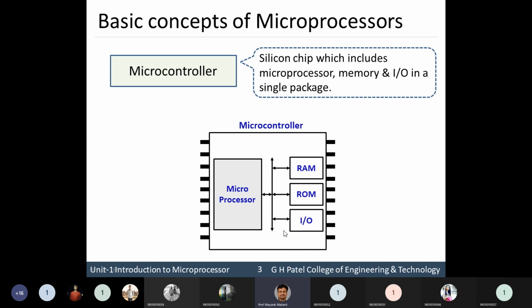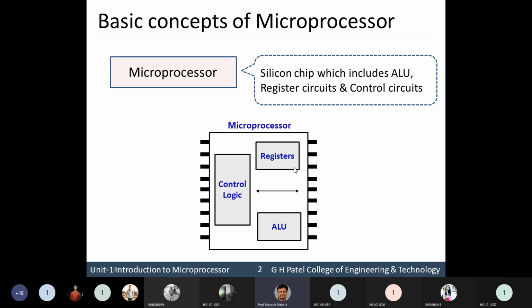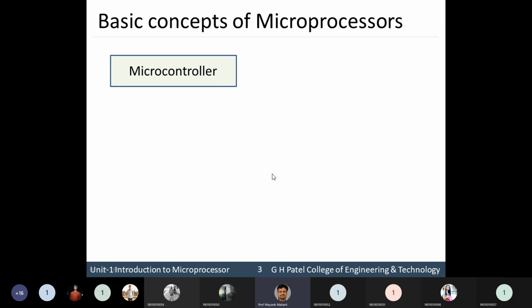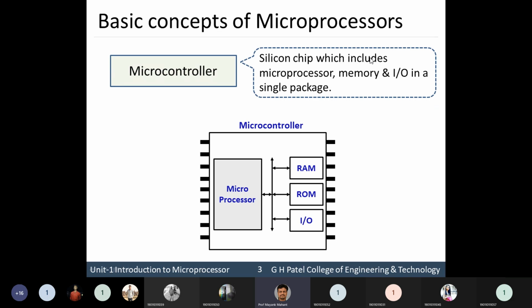We can have an IO section as well. In a microprocessor there is no IO section, no memory, no timer, no counter. All of those are included on a single silicon chip, and that single package we call a microcontroller. This is a very basic point of difference between a microprocessor and a microcontroller.